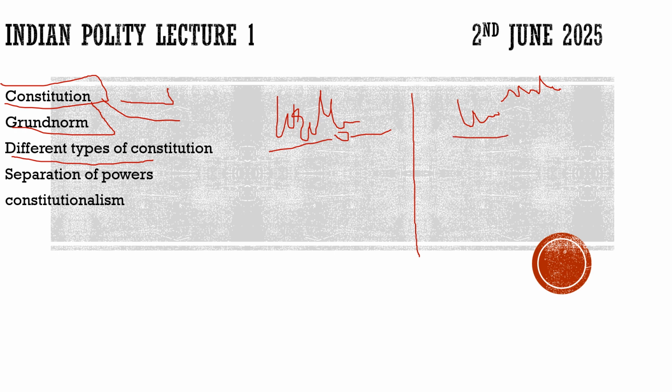The written constitution is one in which a particular number of people came together and framed the constitution. They codified the different laws in a single document, a book-shaped document, and this written document came in and the constitution came in.